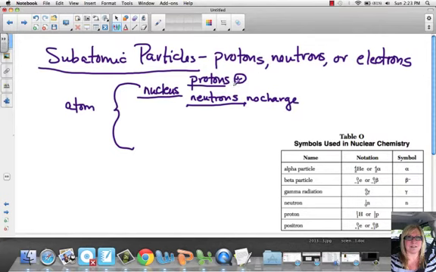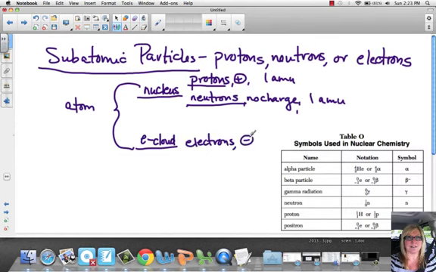Protons have a mass of 1 AMU, and neutrons have a mass of 1 AMU. Then we have the electron cloud, which contains the electrons, which are negatively charged and for all intents and purposes have 0 mass.